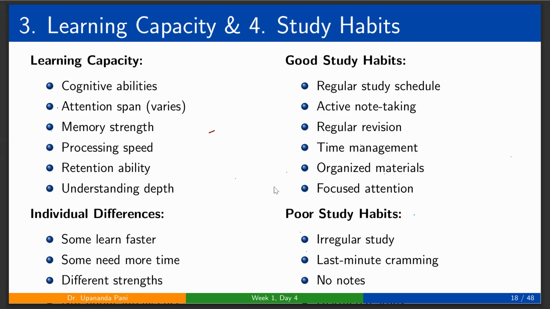Good study habits are a regular study schedule, active note taking, regular revision, time management, organized material, focused attention. For UGC NET, a good student should have these. Poor study habits are irregular study, last minute cramming, no notes. Then you are not going to get success.